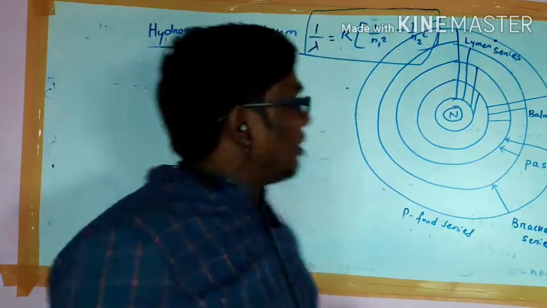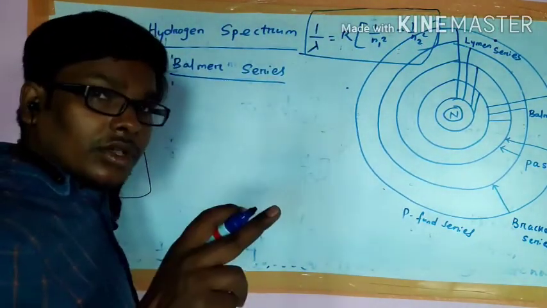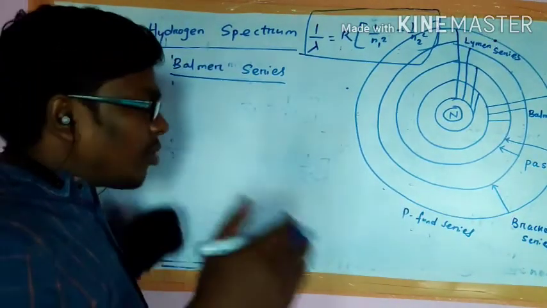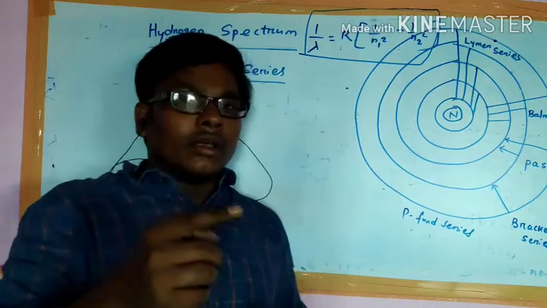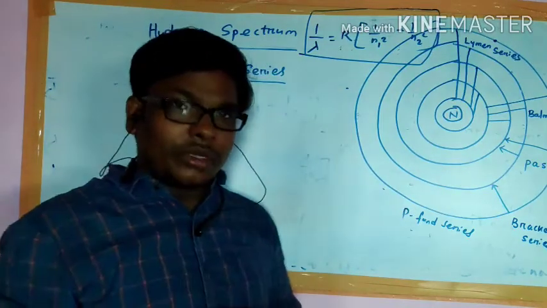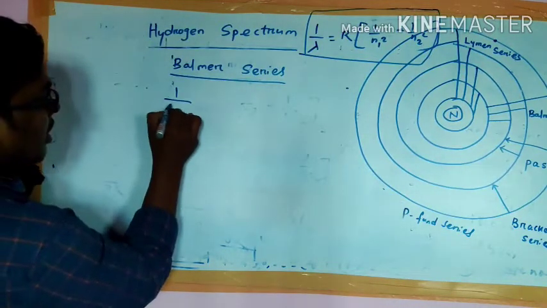Clear? So for the Balmer series, let's calculate the minimum wavelength and maximum wavelength. The maximum wavelength will come between two consecutive orbits, ground state orbit to first excited state orbit.